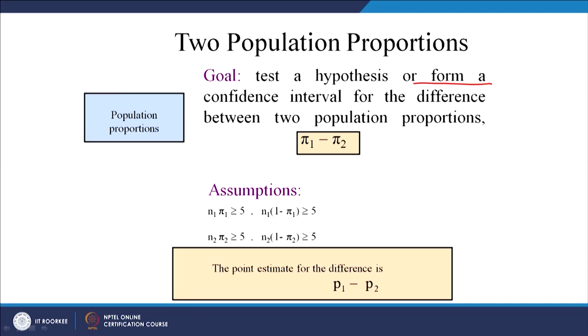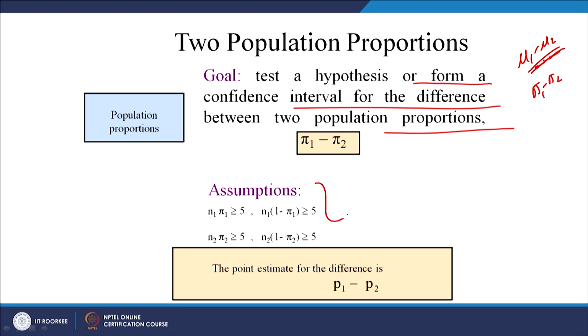We test a hypothesis or form a confidence interval for the difference between two population proportions. Just like the difference between mu 1 and mu 2 in the previous example, here you can see the difference between pi 1 and pi 2, the population proportions of two different populations.